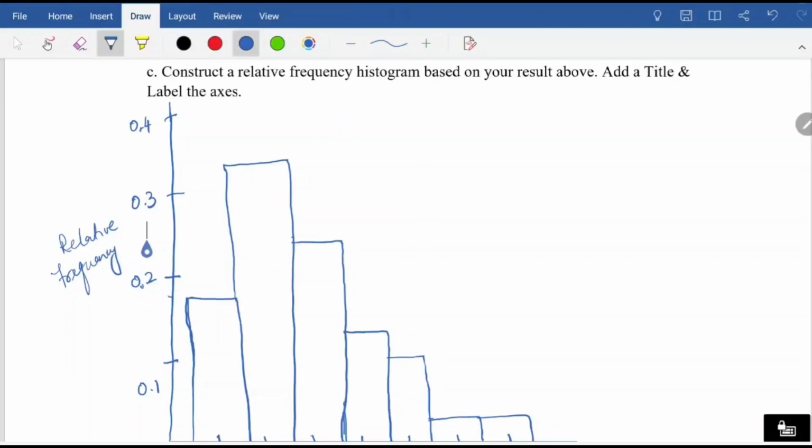And then a title here, number of people per US households. All right, so this is how you're going to create a single value grouping table, a frequency table, and then draw the histograms, a frequency histogram first and then a relative frequency histogram.